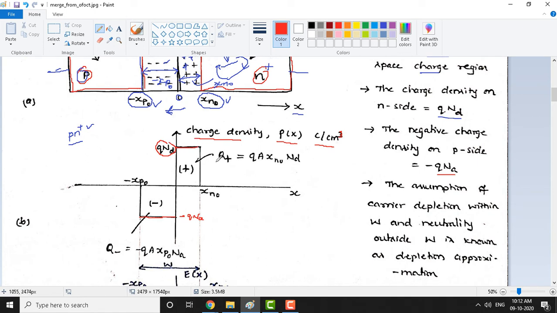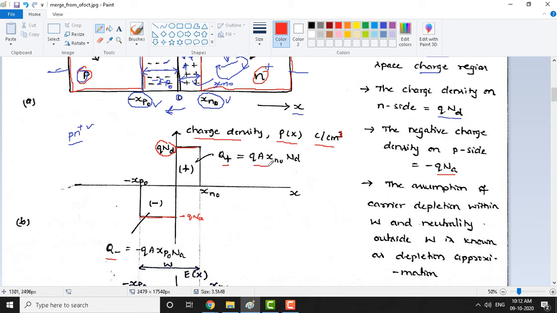According to the law of conservation of charge, let me indicate this as Q plus, and on the p side we have shown Q minus. Q plus can be calculated by finding the total number of charges in this region, from 0 to xn naught.